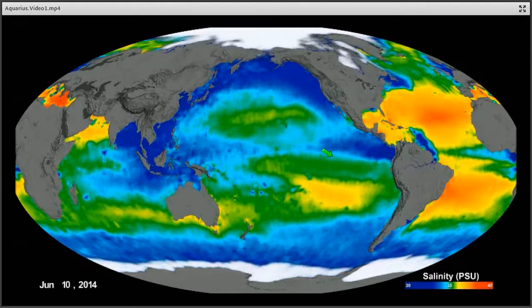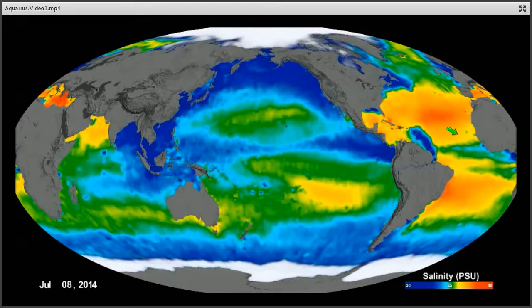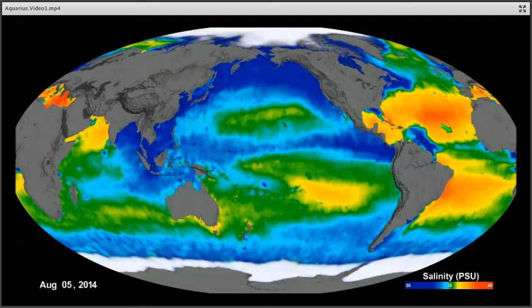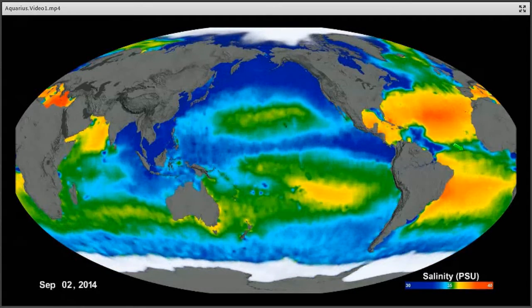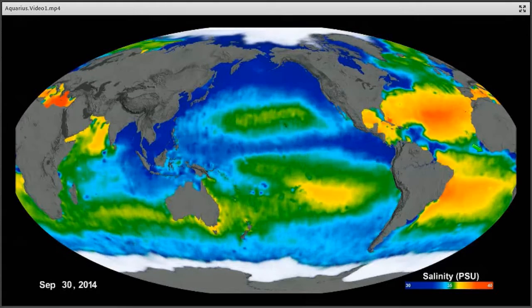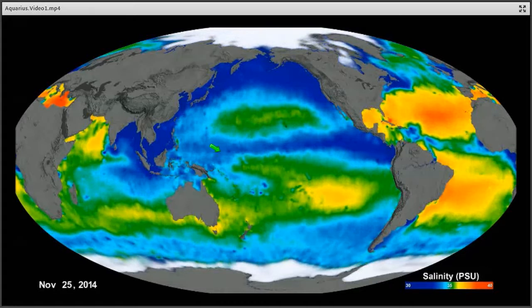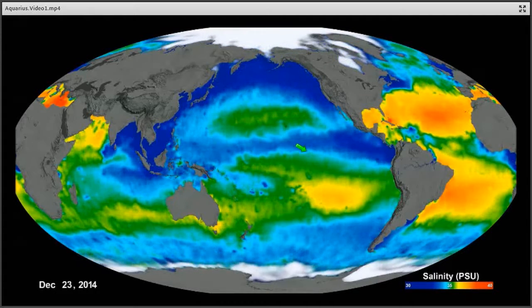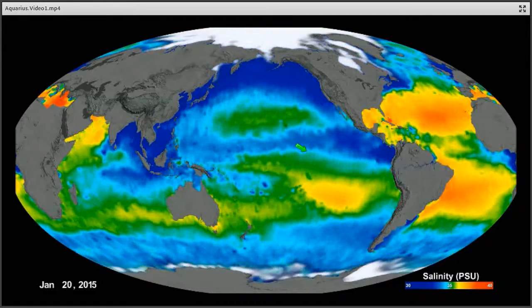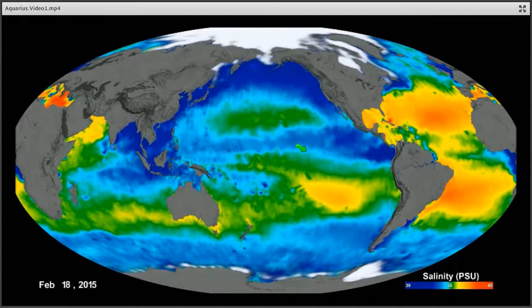Now, if you look at the contrast of the subtropics versus the tropics, you see that the tropics under the rain band here in the Atlantic, as well as here in the Pacific, that's called the Intertropical Convergence Zone, or ITCZ.